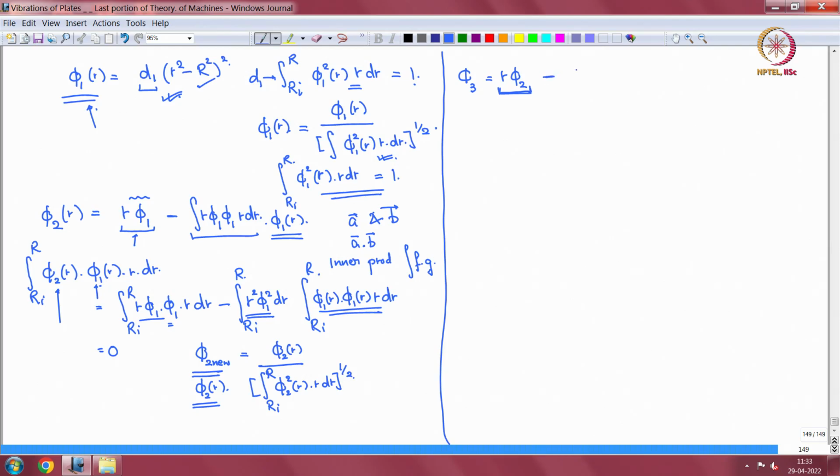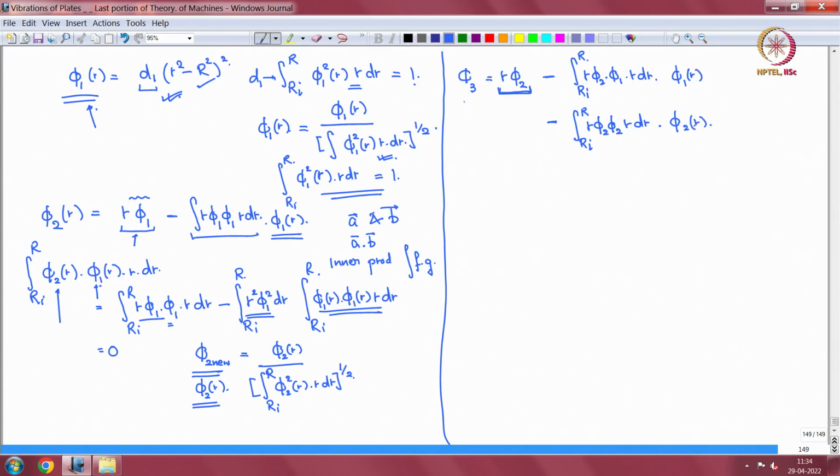So first minus integral r_i to r of r phi 2 dotted, which means just multiplied, with phi 1 r dr into phi 1, minus integral r_i to r of r phi 2 dotted with phi 2 r dr into phi 2. Okay, they are all r functions.